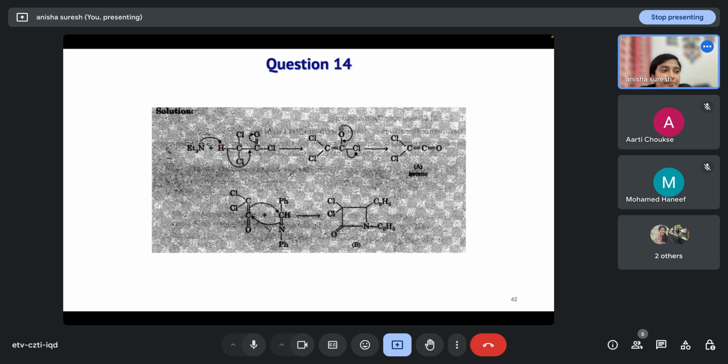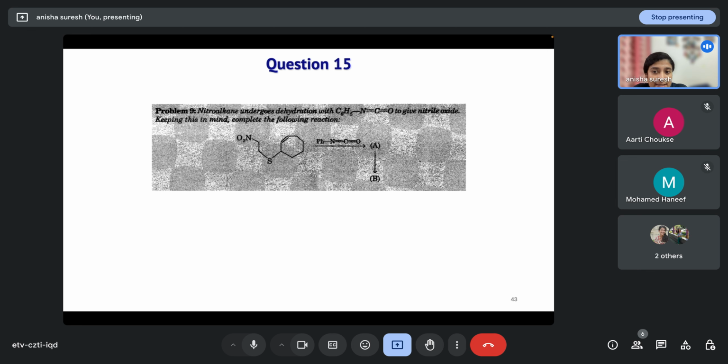Any doubts? No, ma'am. Okay. Now moving forward to the next question. Nitroalkane undergoes dehydration with this phenyl isocyanate to give nitrile oxide. Keeping this in mind, complete the following reaction.